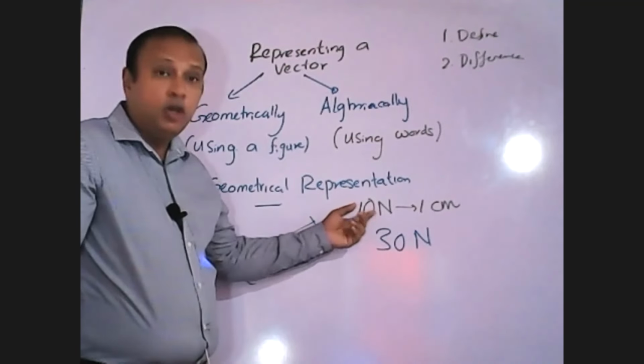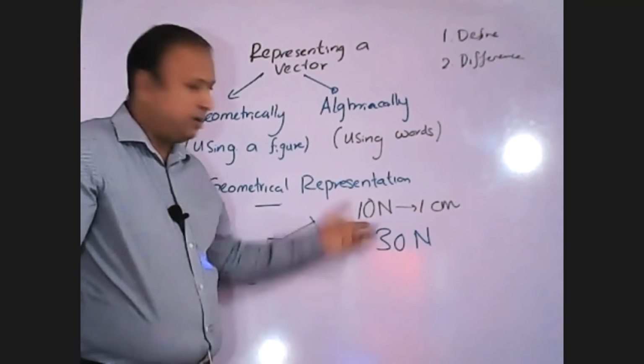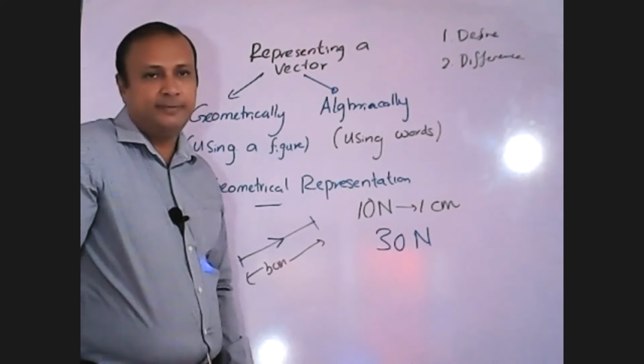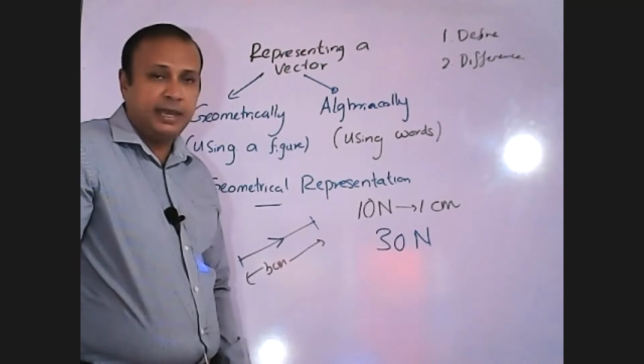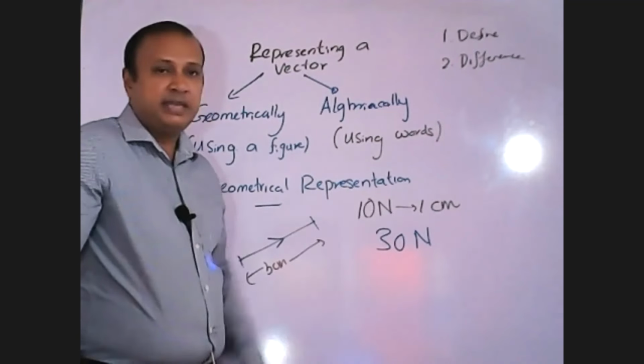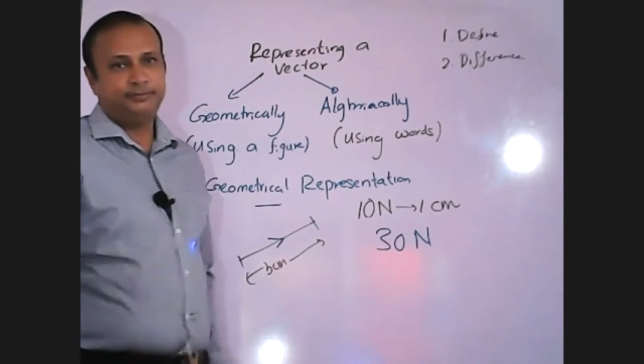To represent the magnitude, we have to assume some kind of scale. You are free to assume this scale. Using this scale, we can represent the magnitude of the vector.